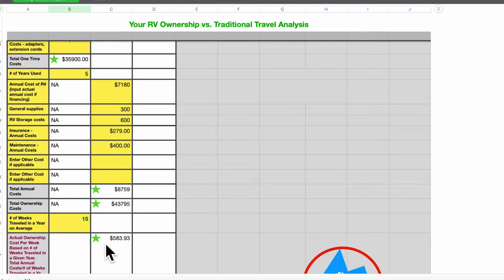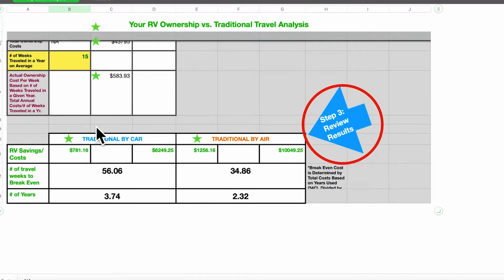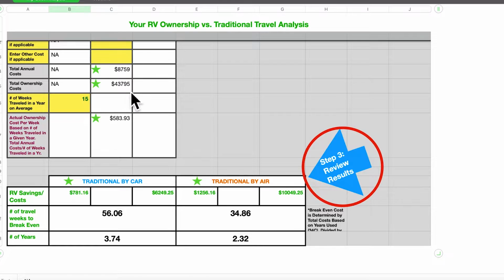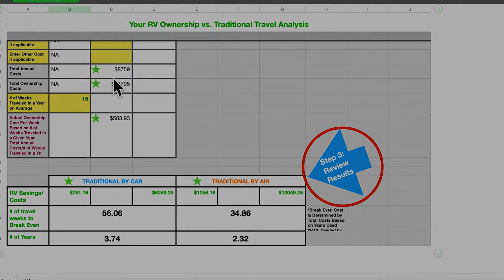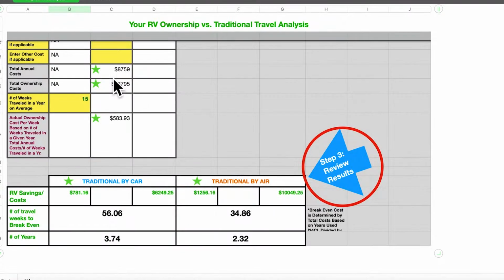And we need to include that so we're comparing apples to apples as we're comparing our RV travel to car and air travel. Our break-even is determined by the total ownership divided by the weekly savings to come up with the break-even point. That is the point in time where we have traveled enough to cover the cost of our RV. It becomes less costly to travel by our RV.